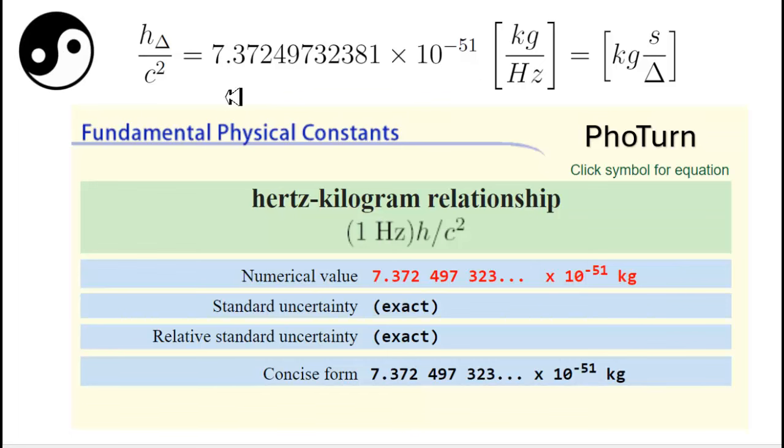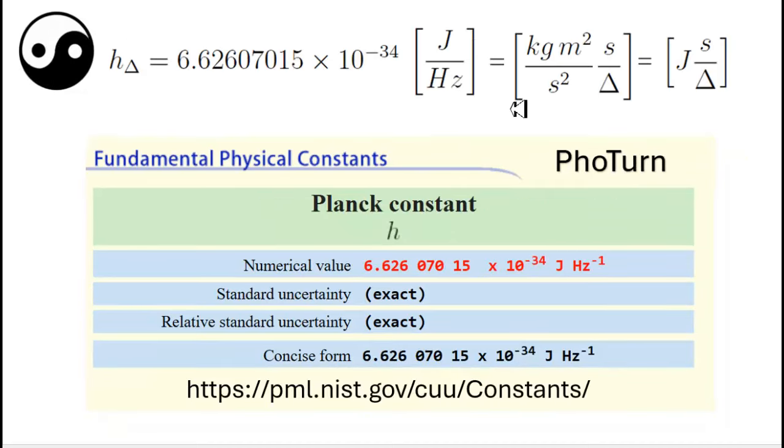In modified unit analysis, h has units of joule times second per cycle, and you divide it by the speed of light squared. You get the units of kilogram per hertz, which is very similar to what we did with the joule, joule per hertz.